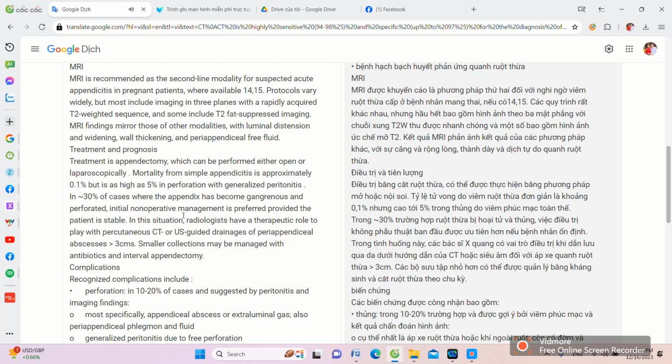In this situation, radiologists have a therapeutic role to play with percutaneous CT or US-guided drainage of periappendiceal abscesses greater than 3 cm. Smaller collections may be managed with antibiotics and interval appendectomy.